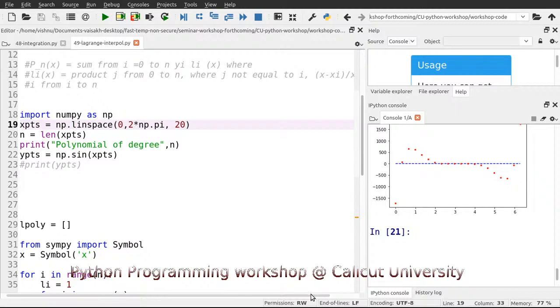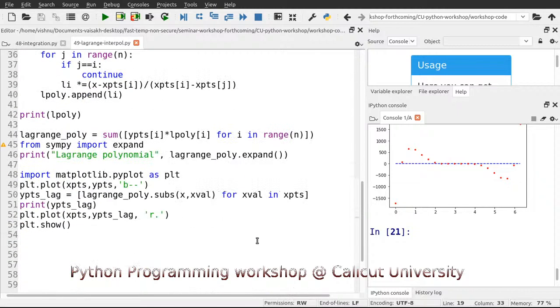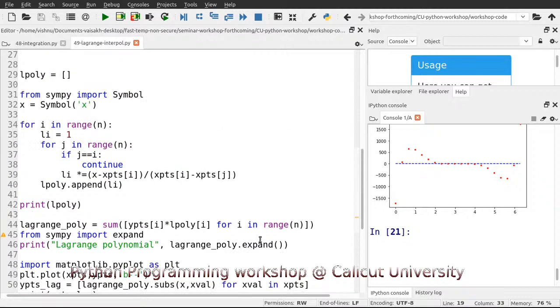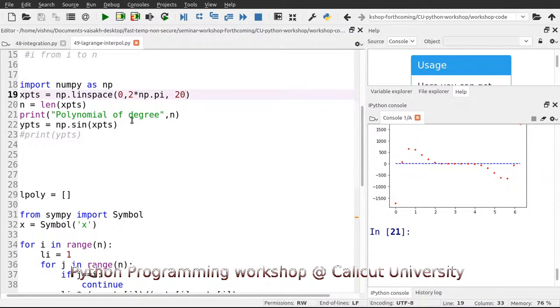Why is this coming as a straight line and blue is coming as a straight line? Why is it like that? So much error. B double dash. Okay, let us take, instead of sin x, a polynomial itself or mod x.